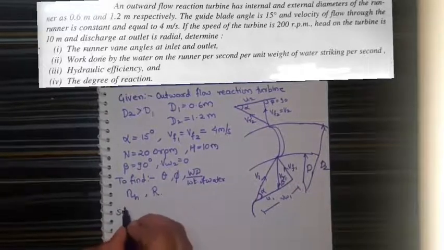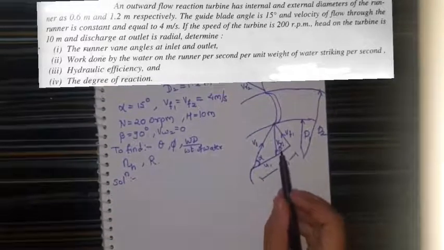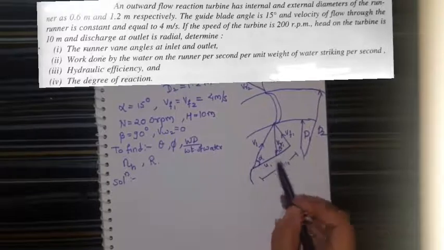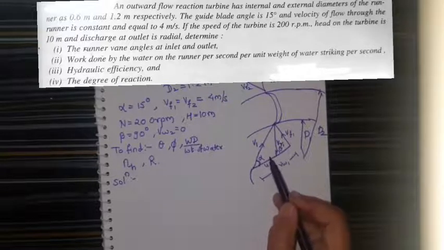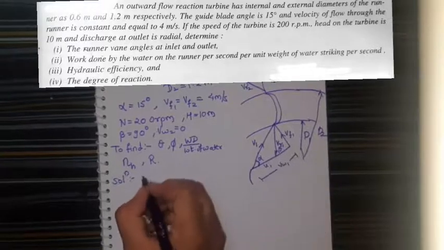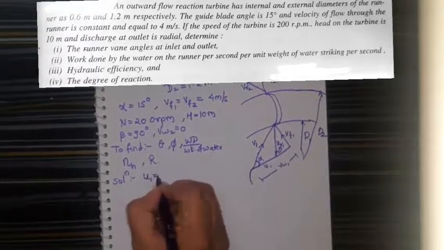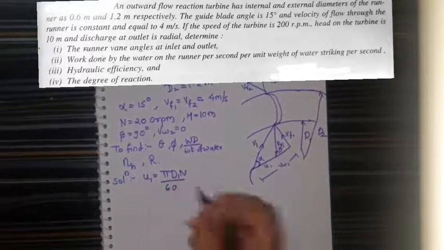So let's solve this. Now to find theta, we need 3 parameters from the inlet velocity triangle. Here we know only alpha. Other than this, we don't know anything. So let's find U1. U1 is equal to pi D1 n upon 60.